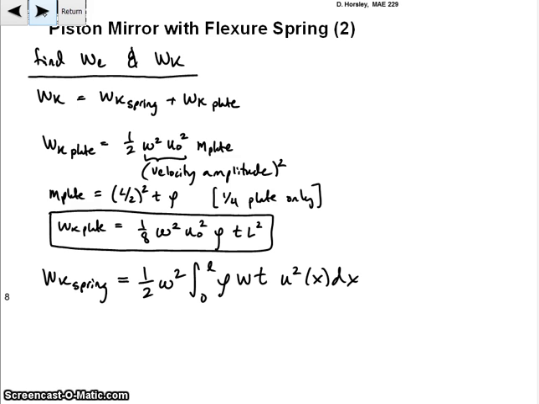When I do that integral, I get 13 omega squared over 70 rho W T L U naught squared. Okay, so that's the kinetic energy from the spring.